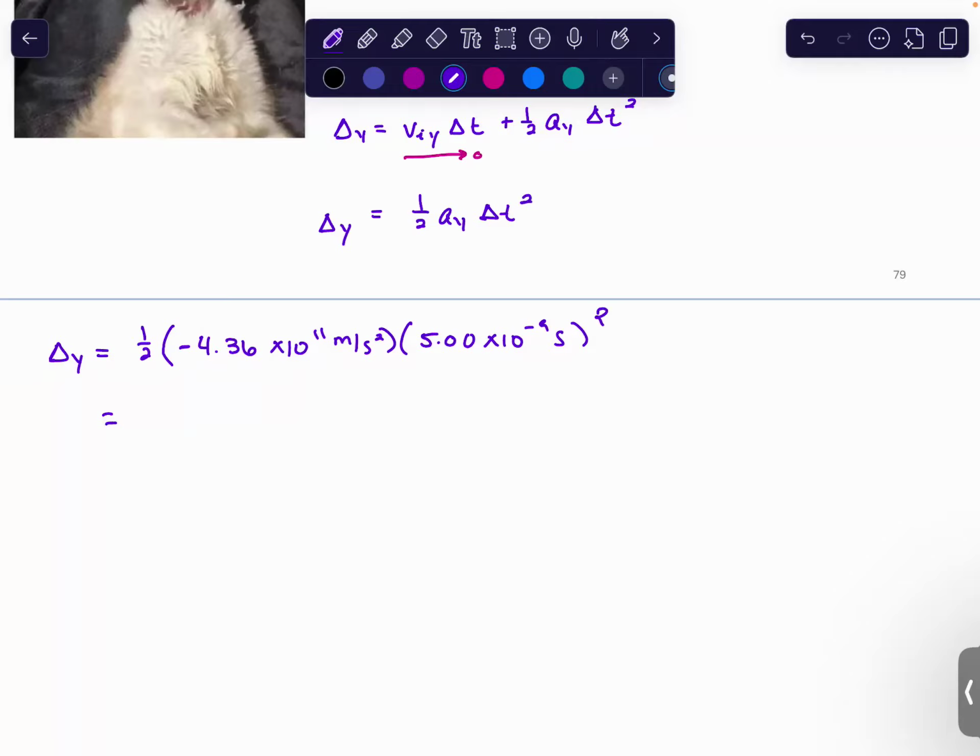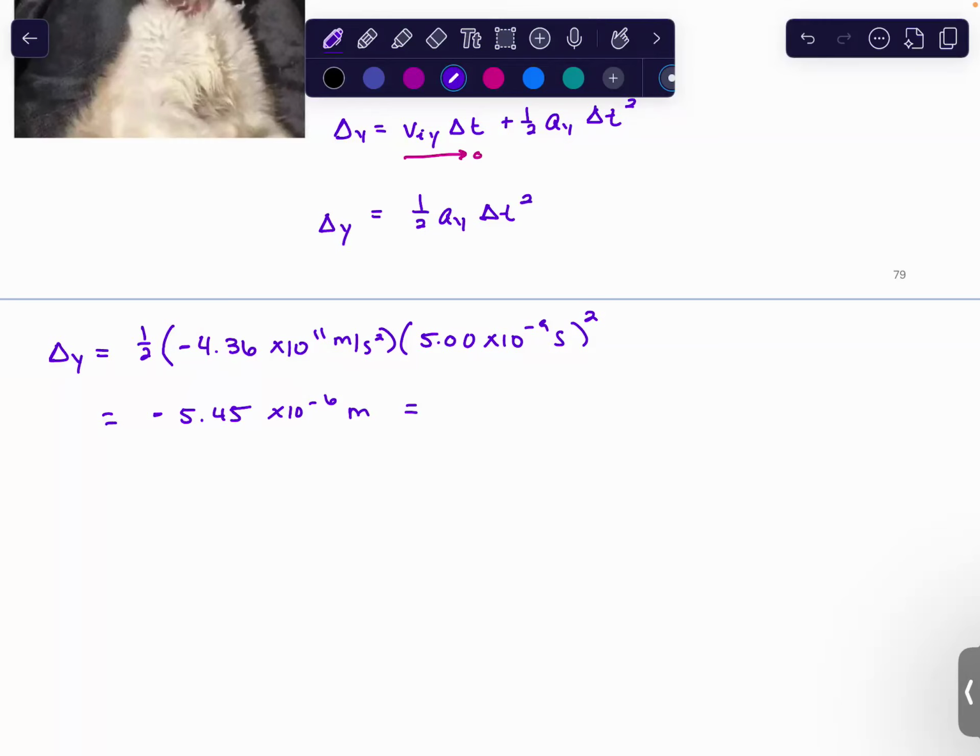Yep, squared. Don't forget the squared on there. Okay. So this will give us a negative 5.45 times 10 to the negative 6 meters.